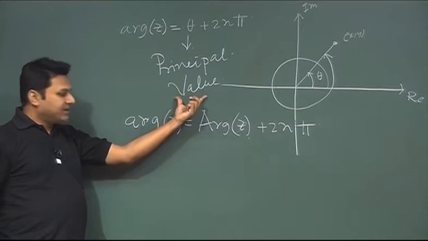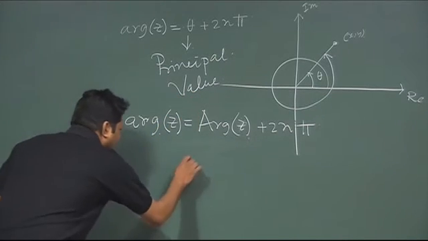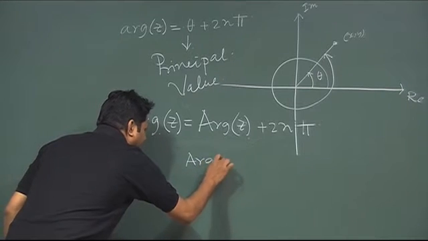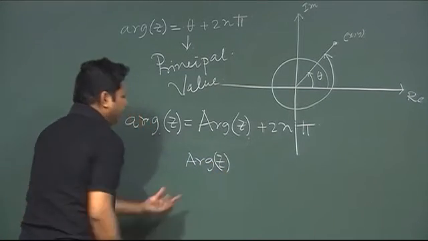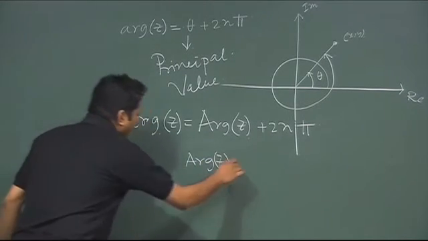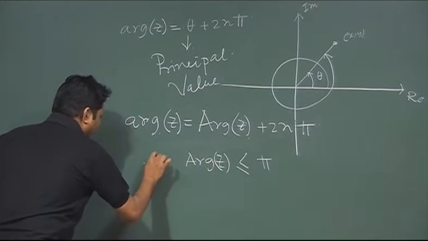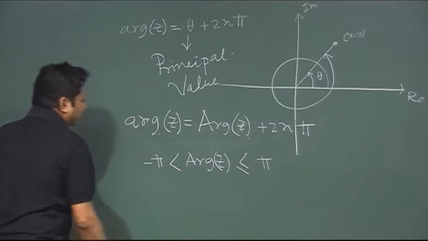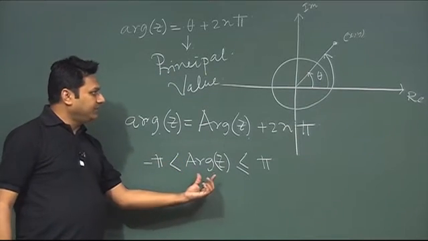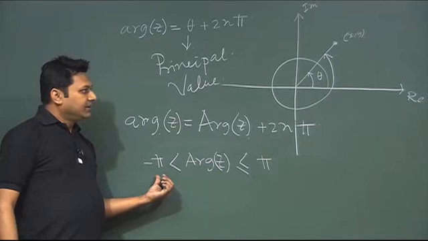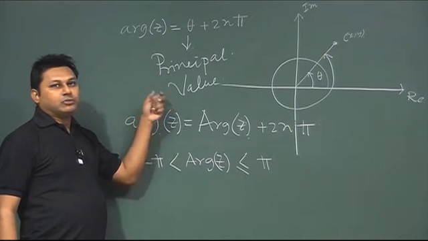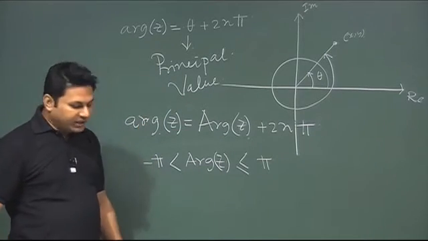Okay. But there is a limit. What is the limit? The argument of z, big Argument of z, which is the principal value, should lie between pi and minus pi. This is the limit. So, if this theta is in between this, then we call this the principal value. Let us check a few cases.